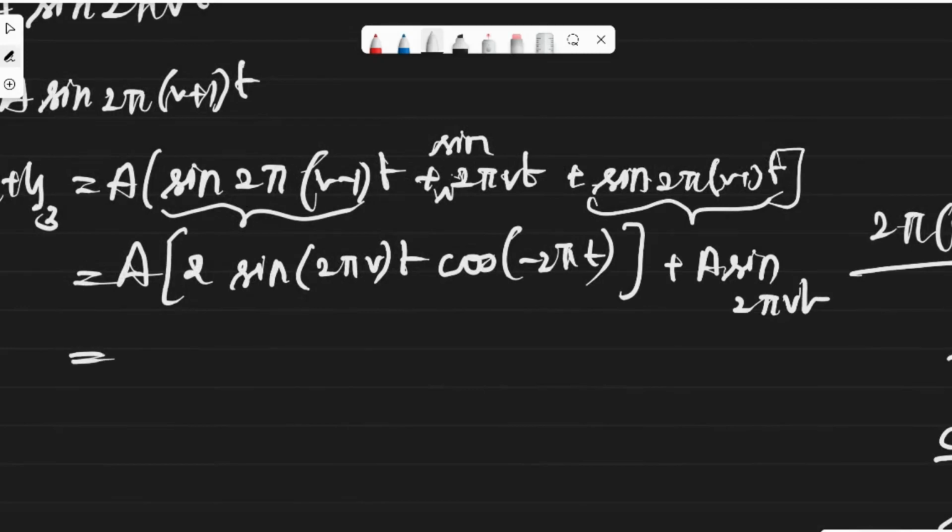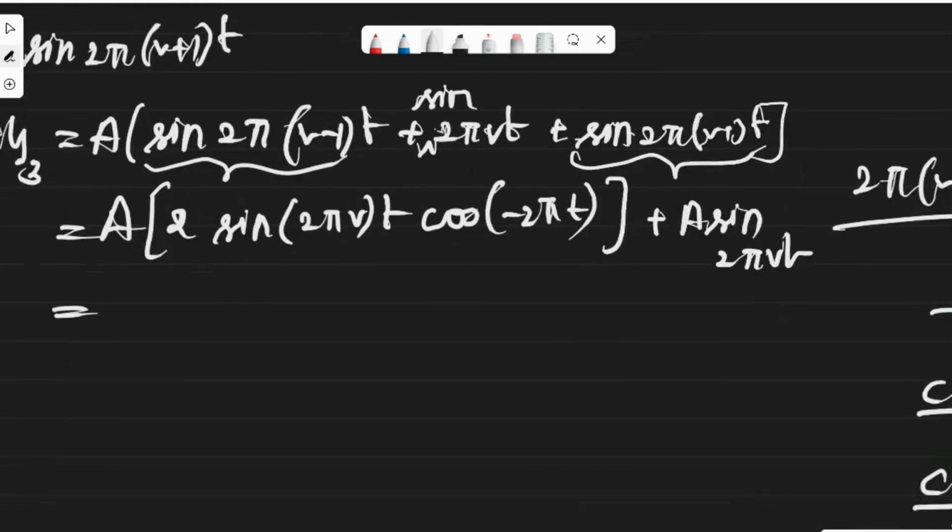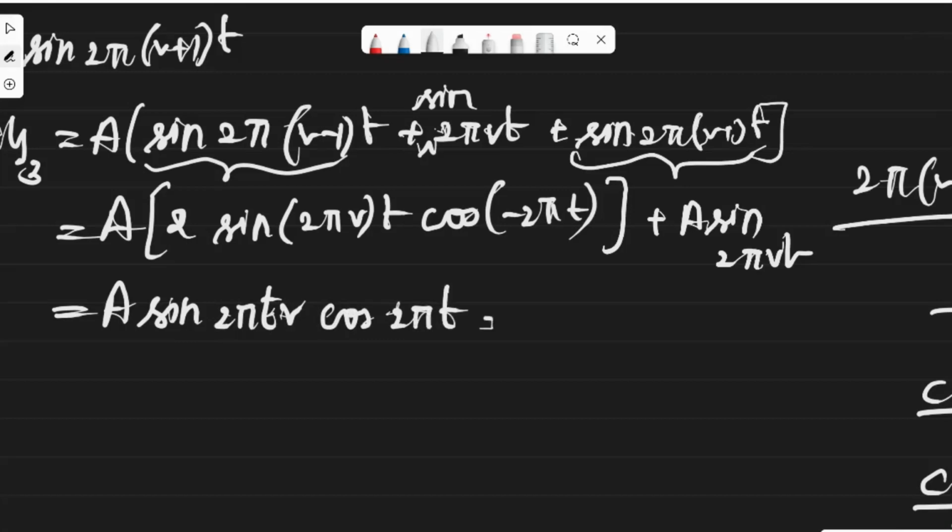Since cos of minus theta is cos theta, no need of brackets, it's in multiplication: a sine 2 pi vt into cos 2 pi t, and plus a sine 2 pi vt.